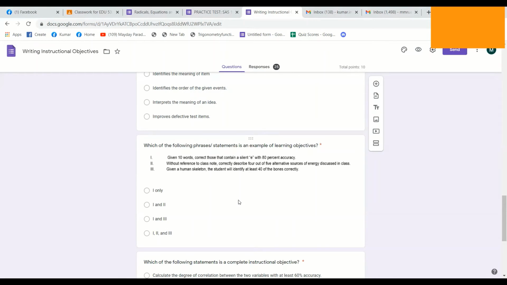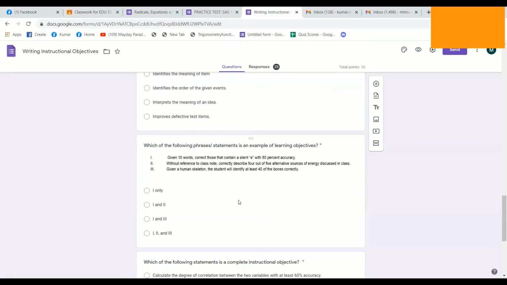So given 10 words, that is our special condition or stating conditions. Correct those that contain the silent E, that's the action word, that's the observable behavior, in 80% accuracy. So that is your criterion. So therefore, one is a complete learning objective or instructional objective.